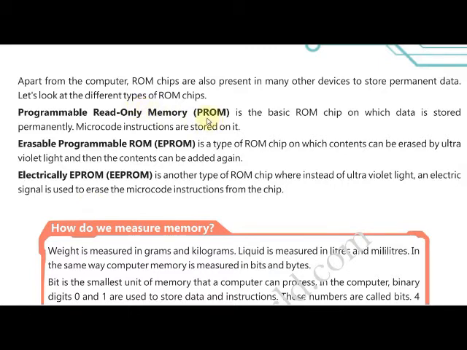We know the full form of ROM. ROM stands for read only memory. What about P? P stands for programmable. That means it is already programmed, so you cannot write anything, you cannot edit the programs which are written in PROM. Okay, once data is stored, it cannot be edited again. So this is called permanent storage, in which microcode instructions are stored.